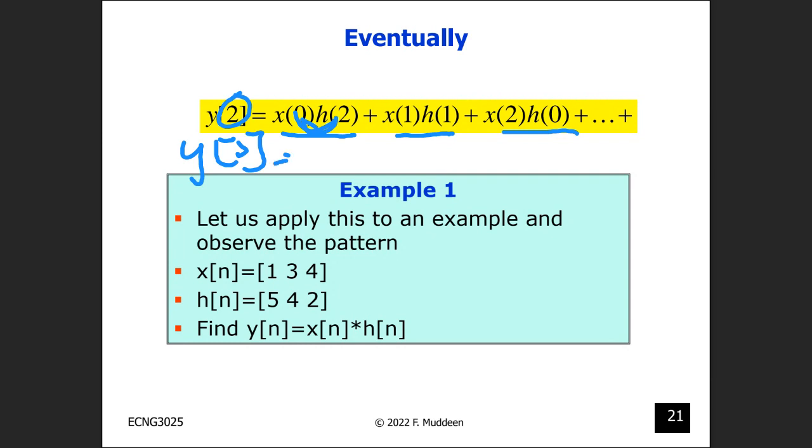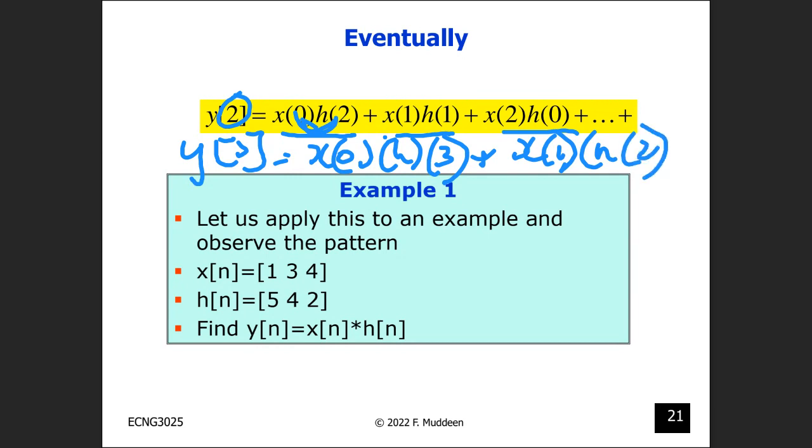So y[3] would be x[0] h[3] plus x[1] h[2]. Forgive me, I'm supposed to be using square brackets, remember that, yeah? Plus x[2] h[1], etc. So the two of them will keep adding up to 3. y[4] would have been x[0] h[4] plus x[1] h[3], and so we keep going on, right?